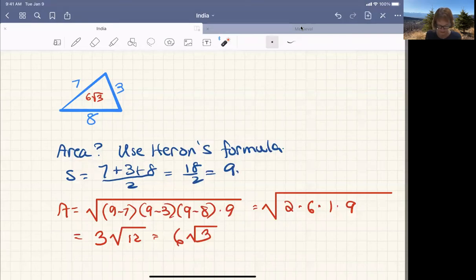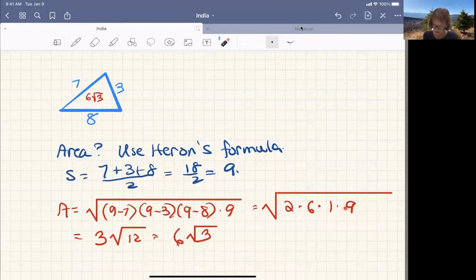The semi-perimeter is 7 plus 3 plus 8 divided by 2, which is 18 over 2, which is 9. And so what's the area? It's 9 minus 7 times 9 minus 3 times 9 minus 8 times 9. Take the square root of the whole thing. So it's the square root of 2 times 6 times 1 times 9.